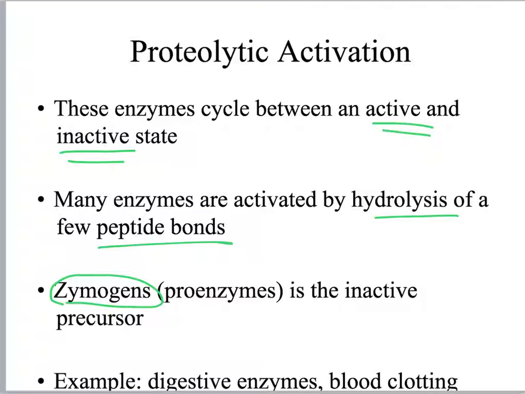Now, examples of the proteolytic activation: digestive enzymes are enzymes that tend to be present in an inactive form until we need them, and then some enzymes that are associated with the blood clotting process. So an example of these digestive enzymes that we've looked at, something like chymotrypsin.